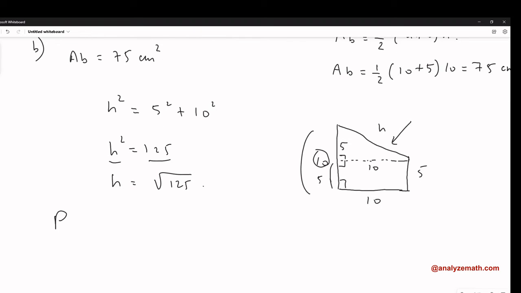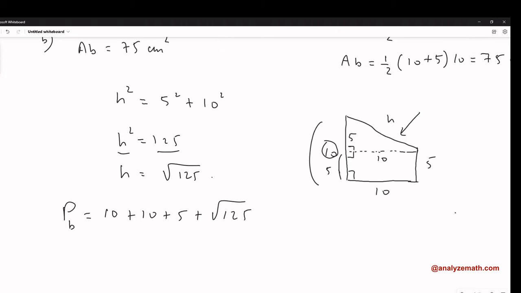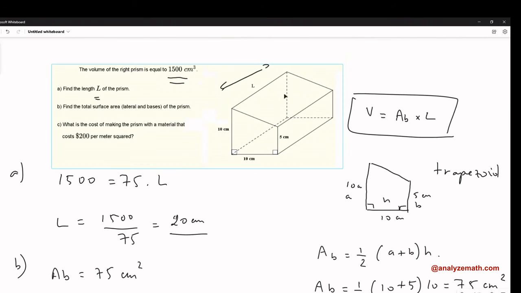So the perimeter, let's call it P, of the base, this base here, it's 10 plus 10 plus 5 plus H. So it's 10 plus 10 plus 5 plus H, the square root of 125. And the lateral area, let's call it A lateral.